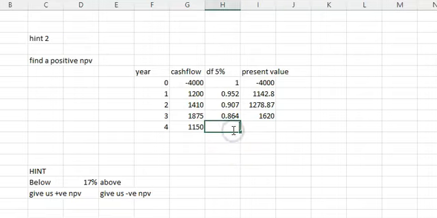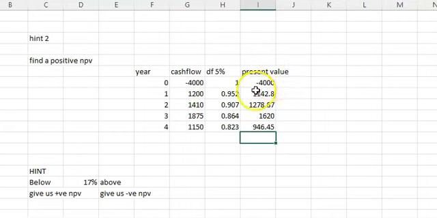Here the discount factor should be 0.823. When we multiply it by that, 1150 multiplied by 0.823, it will give us 946.45.